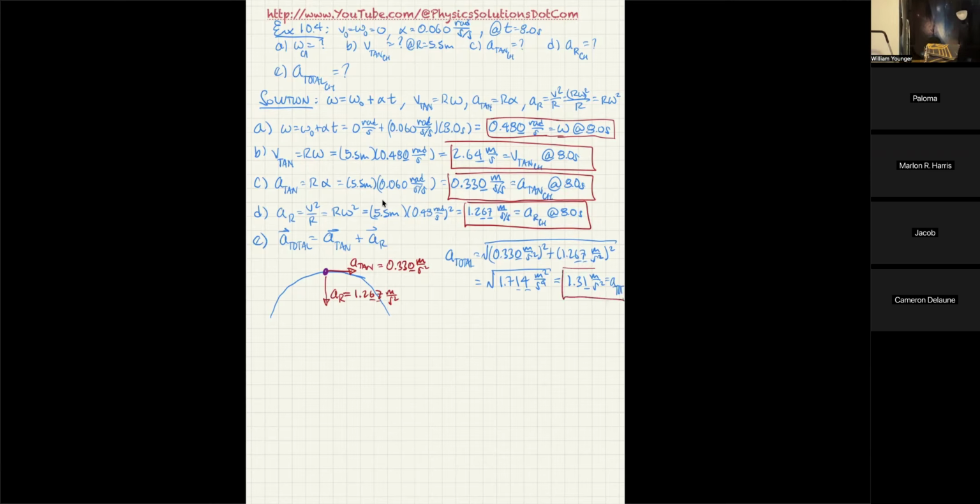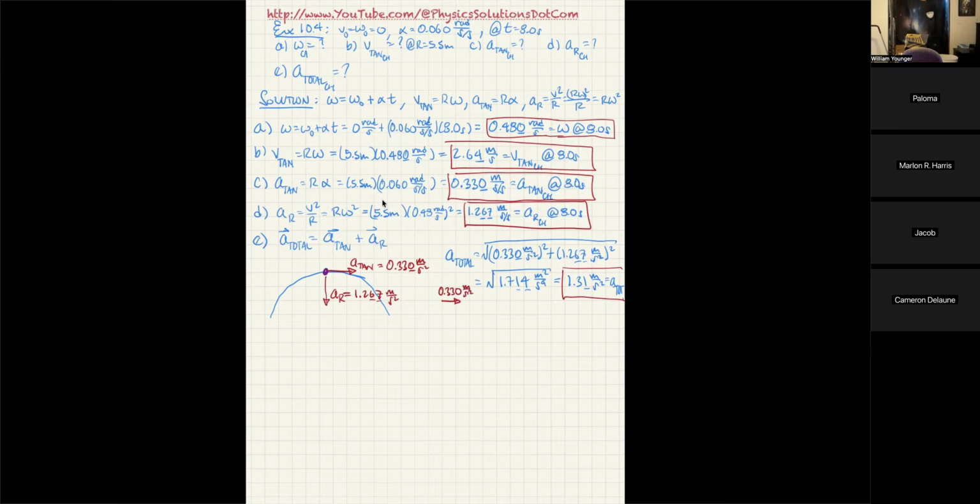That's the magnitude. But remember, A total is technically a vector quantity. So we need to know something about its direction. Now, what we know is this guy, the horizontal one or the tangential one, is only 0.330 meters per second squared.